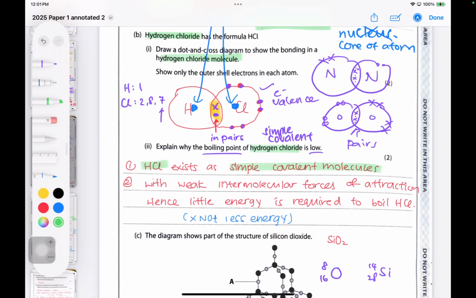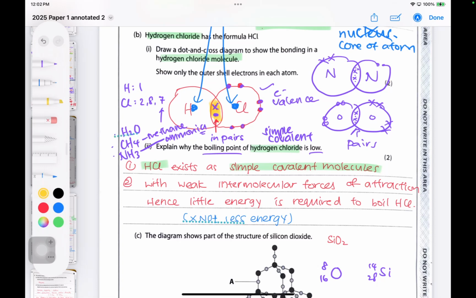What else is considered a simple covalent molecule? It'll be things like water, ammonia, or methane in this case. This is methane, by the way, and ammonia, A-M-M-O-N-I-A. So watch the spelling. It's not the same as the polyatomic ion ammonium. Okay, so all these are simple covalent molecules, so you need to identify them.